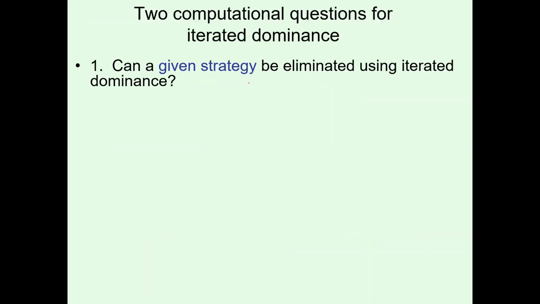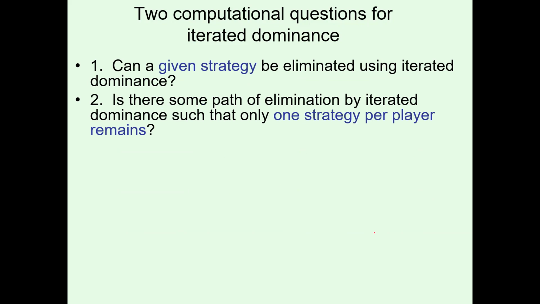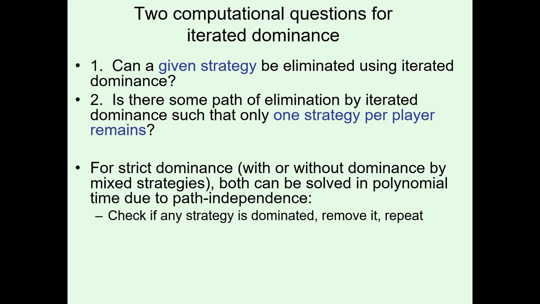So, can a given strategy be iterated? We have already done that. Is there some part of it where only one strategy per player remains? So these are just some of the questions. The question is more on the complexity, no?